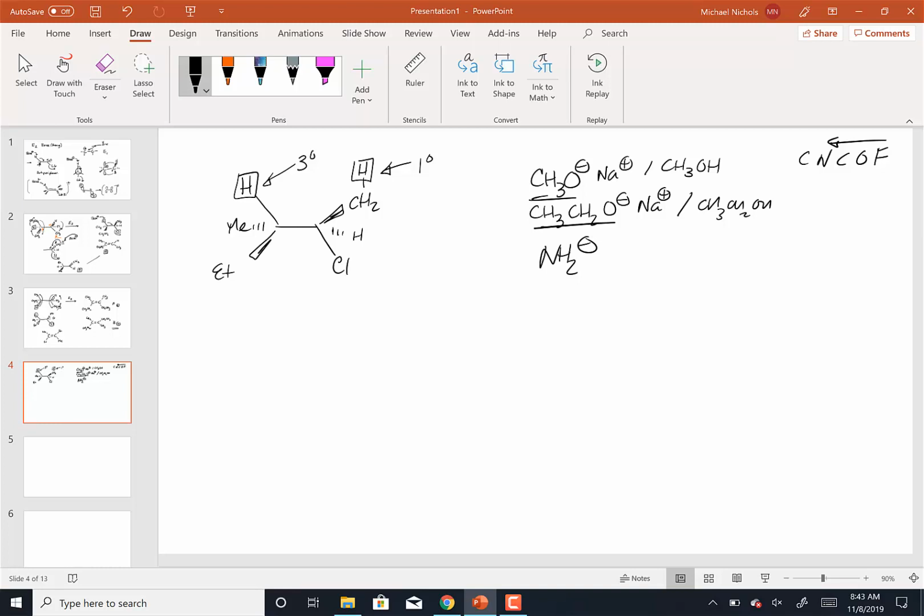Now, there is an issue here that we'll come back to, that all strong bases are also strong nucleophiles. So the reason why I like to use NH2 minus is because NH2 minus, for some reason that's beyond the scope of this course, doesn't act as a nucleophile. So it's strictly a base.